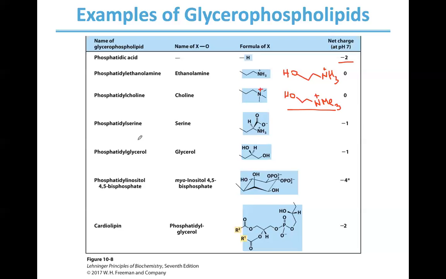All right, so another one is phosphatidylserine. This is an amino acid shown here. Now you can have a glycerol, just another molecule of glycerol, but this time these two hydroxy groups are not esterified.